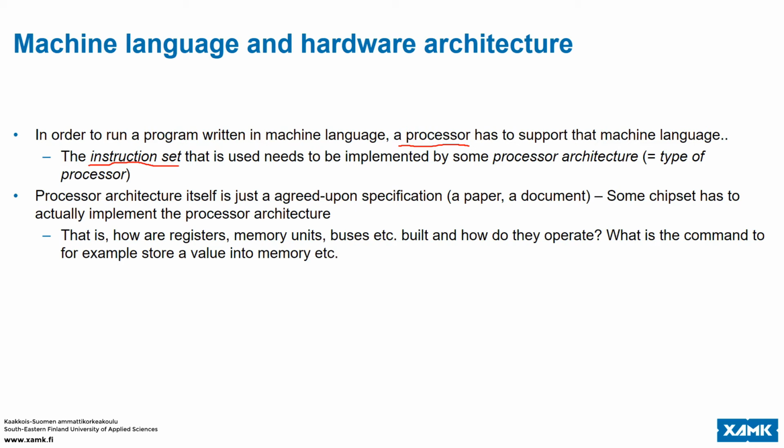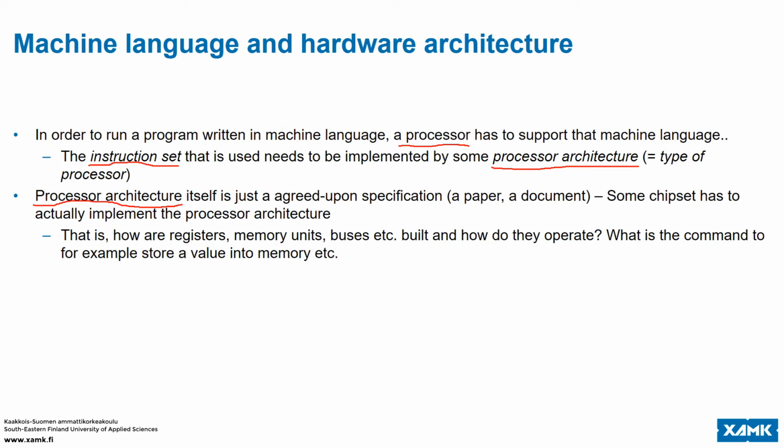So the instruction set is the particular type of machine language that one type of processor supports. And this is implemented in practice by some processor architecture, meaning a type of processor, and the type is determined by the manufacturer and the general operating principle, physics and wiring in practice. Now, the processor architecture itself is also an agreed upon specification, something set by the manufacturer of the CPU.